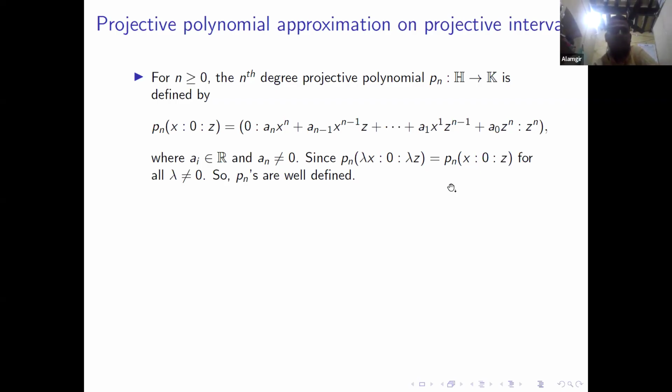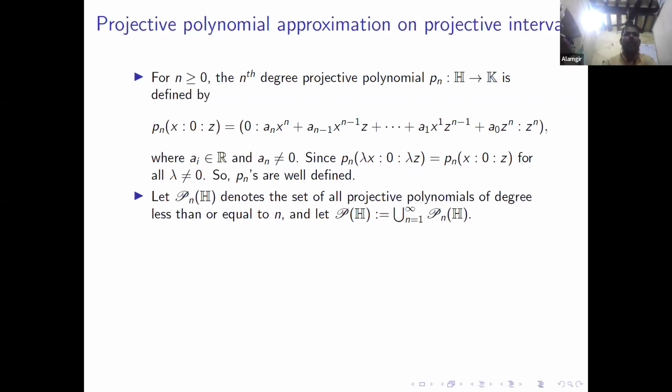For the projective space, we know that this is the class element, so the class multiplied by lambda gives the same class. For this reason, these polynomials are well defined in that space. Let script Pn be the set of all projective polynomials of degree less than or equal to n, and script P be the collection of all those polynomials.